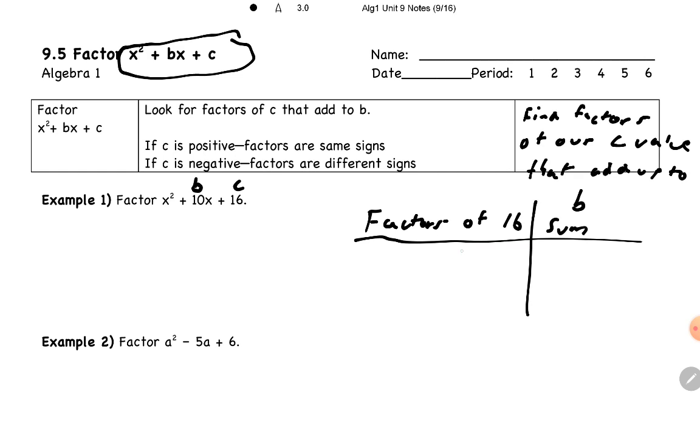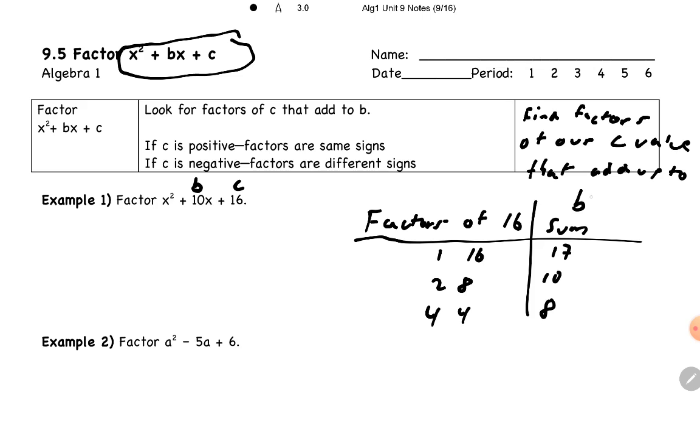For example, we can have 1 and 16. They add up to 17. 2 and 8 add up to 10. 4 and 4 add up to 8.